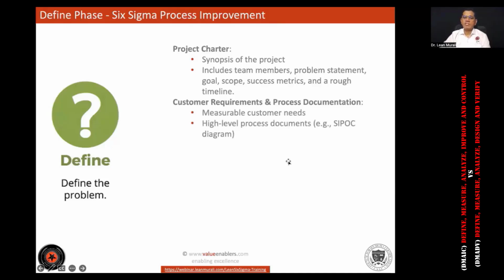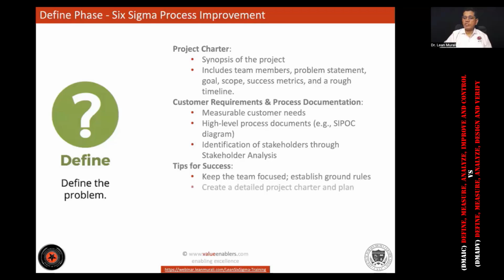We also use something called a SIPOC diagram. We'll go into the depth of all that. We'll have an indication of the stakeholders through stakeholder analysis and keep the team focused, establish the ground rule plan, and create a detailed project charter and plan. So this is for the Six Sigma define phase.